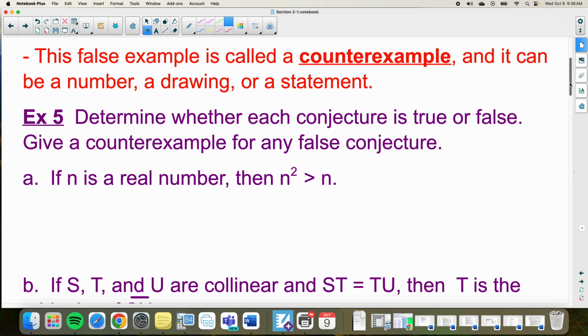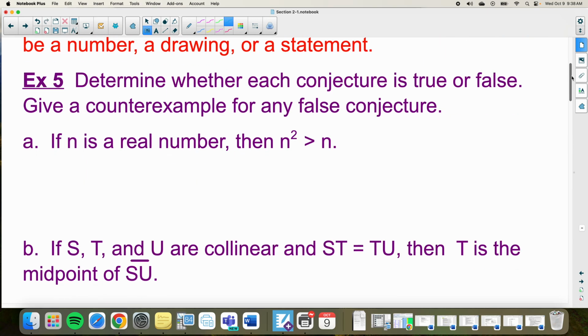So say I said, my 8th grade advanced geometry students are 13 years old, okay? If there's one kid that's 12 or 14, that would be a counterexample and it would make it false. You only need one situation that's false to make it be an overall false statement, okay?